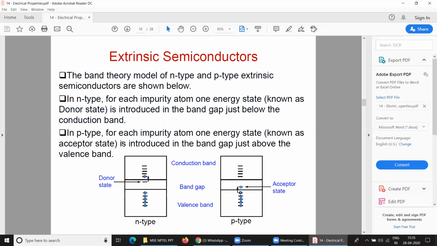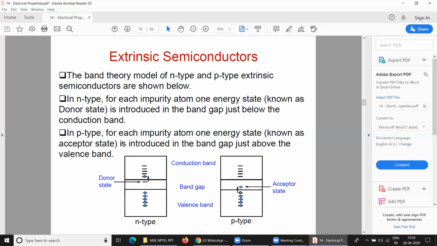The band theory model of n-type and p-type extrinsic semiconductors is shown below. In n-type, for each impurity atom, one energy state, known as the donor state, is introduced in the band gap just below the conduction band.